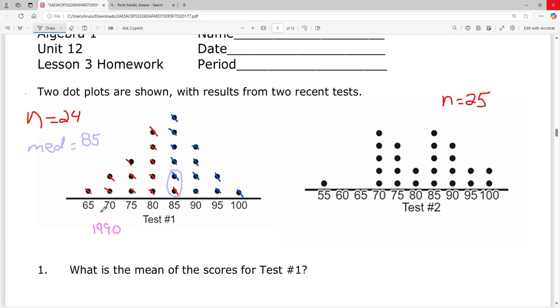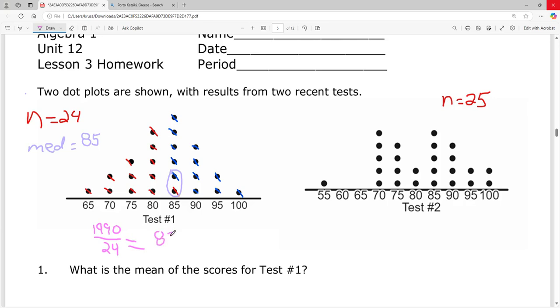That's just from going 1 times 65 is 65. 2 times 70 is 140. 75 times 3 is 225, and so on and so forth, and then adding all those sums together to get 1,990. And then we're going to divide that by 24. And that equals about 83.